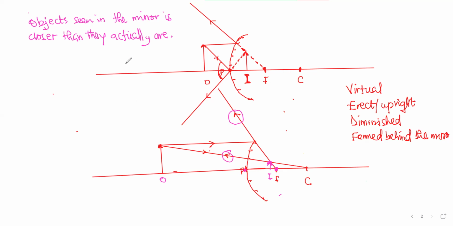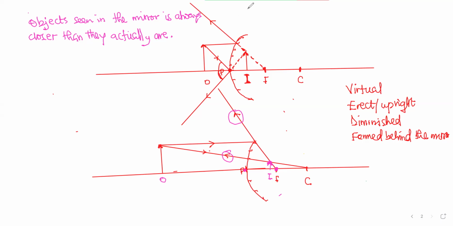So you can be asked to explain why convex mirrors have this writing that objects seen in the mirror are always closer than they actually are. It is because in convex mirrors, images formed, no matter the object position, are closer to the mirror. That is it.